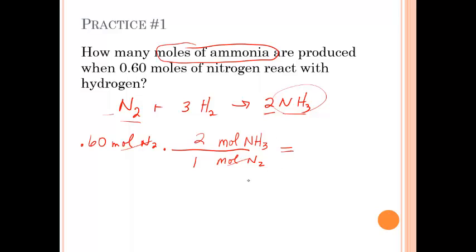So now, with the moles of nitrogen gone and the moles of ammonia is what we have and what we want, we can multiply 0.60 times 2, and only keeping 2 significant digits, 1.2 moles of NH3. So to go from moles of one item to moles of another item, you have to use the mole to mole ratio, and it's just a one-step conversion problem.